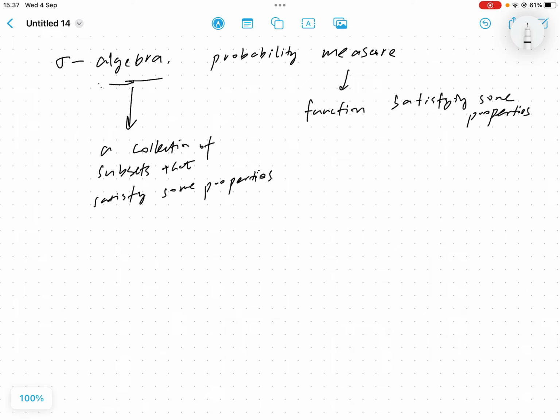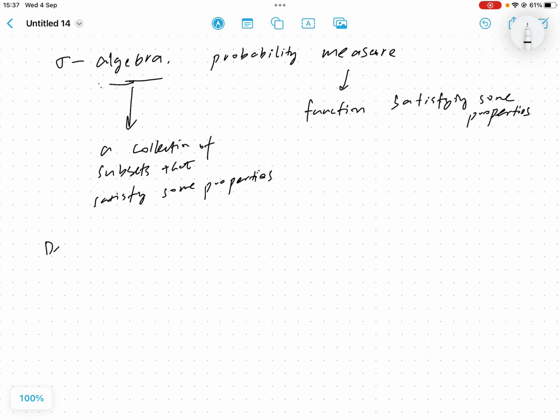Okay, so now let's look at what the sigma algebra means. Sigma algebra, like we said, is just a special kind of algebra, some subsets satisfying some properties that we need.